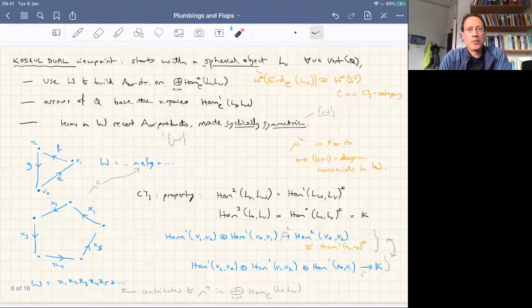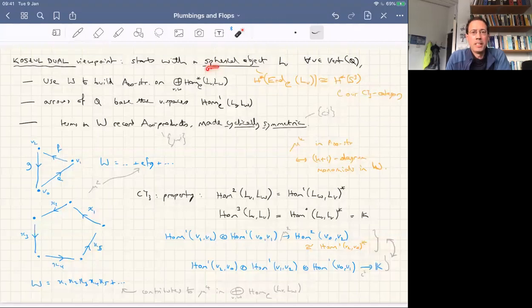Okay, so for a symplectic person, it's actually easier to start with a dual viewpoint on the Ginzburg algebra. So we still have a quiver with potential, but we're going to do something different, and I'm going to describe this in a bit more detail. So for each vertex V in the quiver, we're going to start with a spherical object.